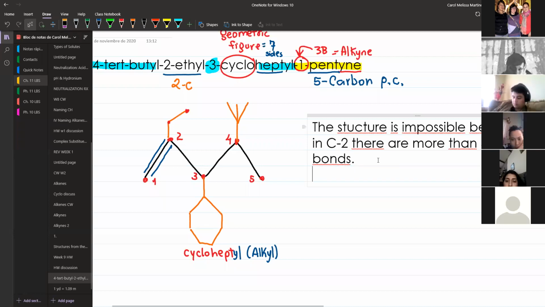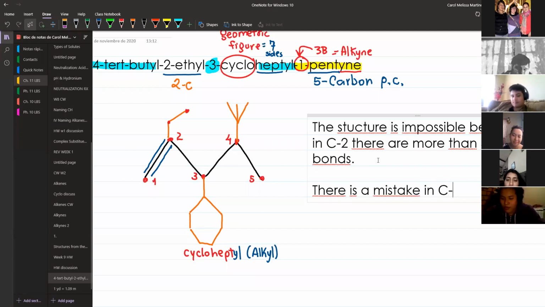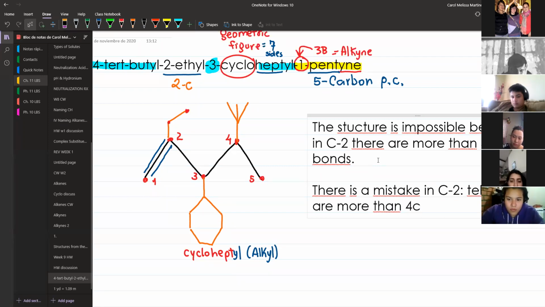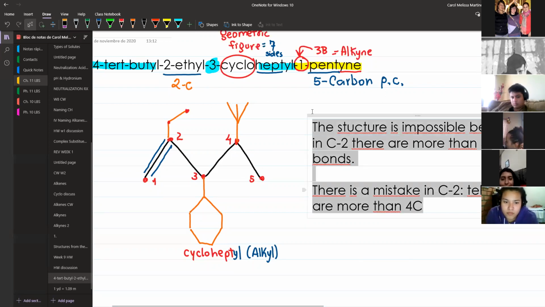Or you could just have written the following. There is a mistake in carbon 2, and the reason is there are more than 4 bonds. Okay? Plenty of ways to write the same thing. So choose one.